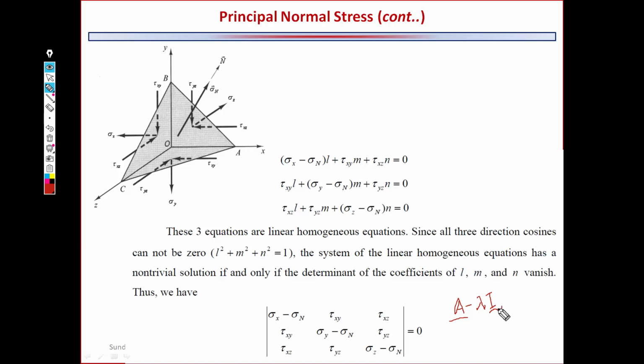So this will be a cubic equation in terms of lambda, but over here it will be in the form of sigma n. So we will get three values of sigma from this equation. If we set the determinant of this equal to 0, we will get a cubic equation in sigma n. So let's see what type of equation we will get.